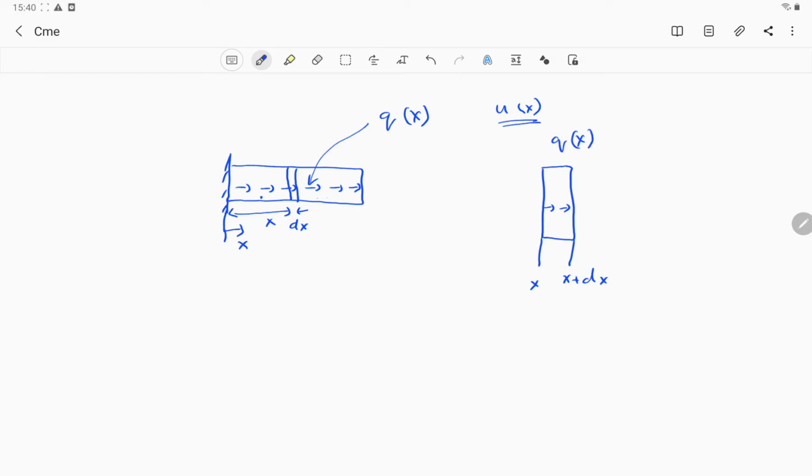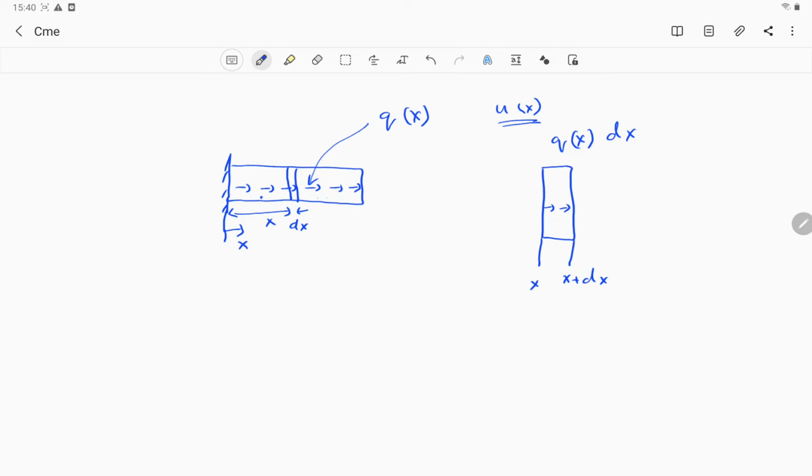But what is the total force applied on this infinitesimal piece? That's q of x into dx, because the unit of q of x is force per length, and the total force on this piece is force per length into length, right? So that's q of x into dx.